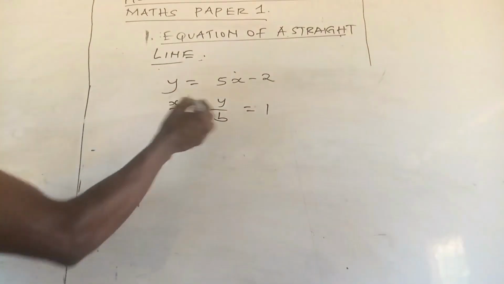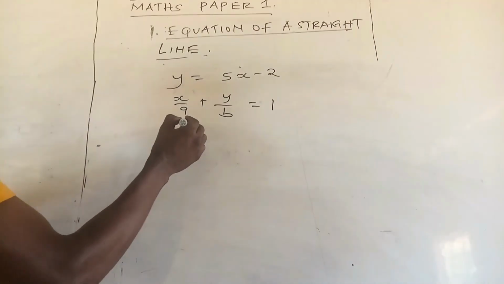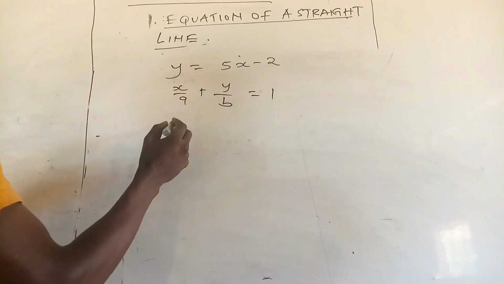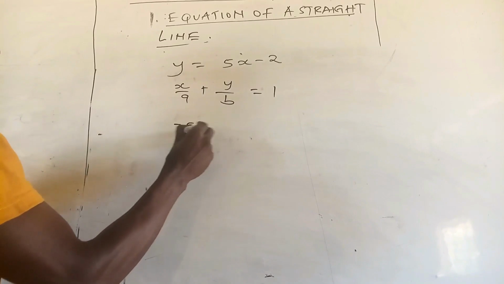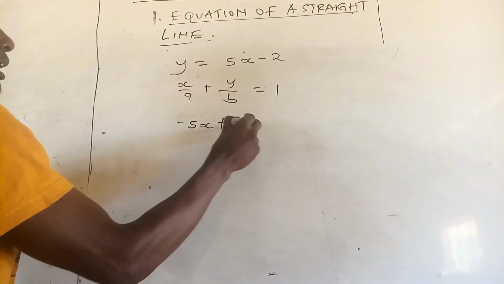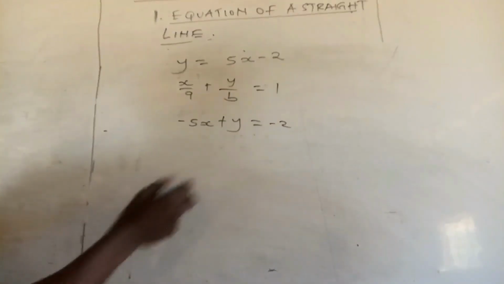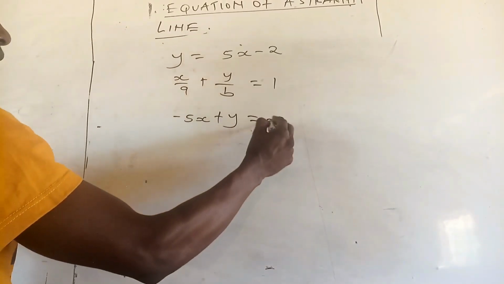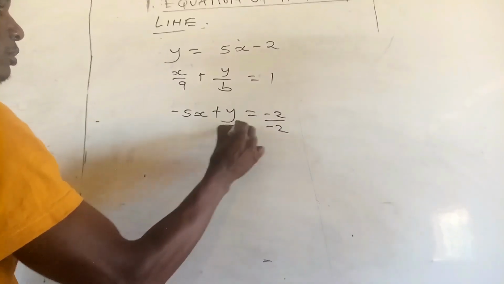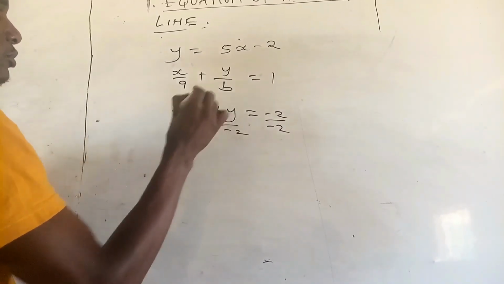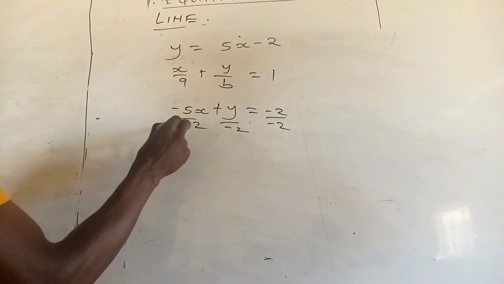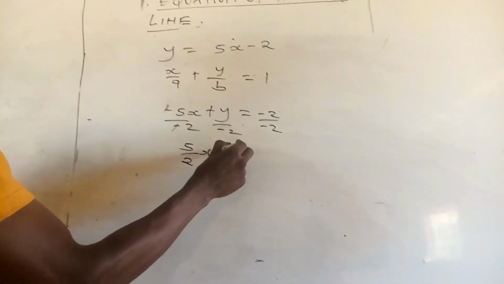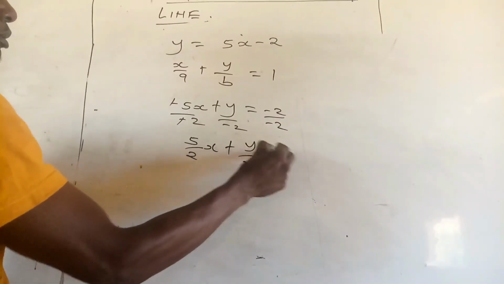Okay, so if you want to write it in this form, what we need to do, first of all, we can bring this x this side so as to have negative 5x plus y is equal to negative 2. Then make this 1. How do we make this one 1? I can decide to divide everything here by negative 2, so as to have 5 all over 2 x plus y all over negative 2 is equal to 1.